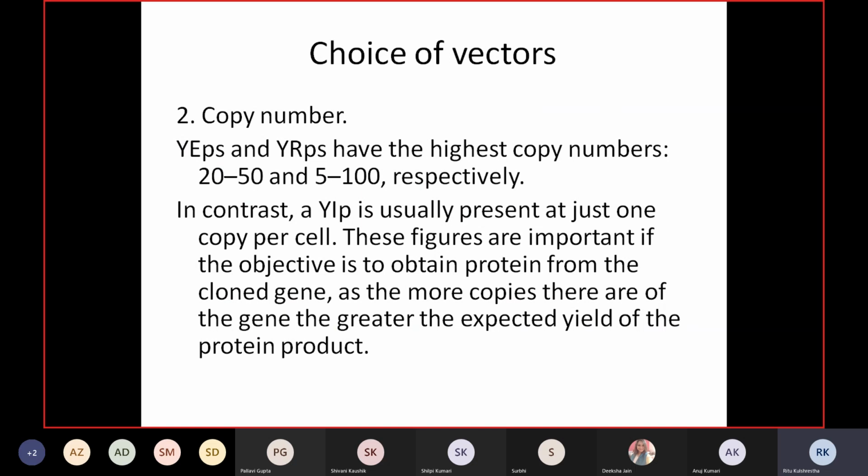But in those cases where you want to maintain a particular stretch of DNA inside a vector, maybe in the form of a library or something, YIPs are very, very good, because it's an integration event, so they are extremely stable in nature. Once it's integrated into the chromosome, its excision from the chromosome is a very, very rare event. That's why they are highly stable.